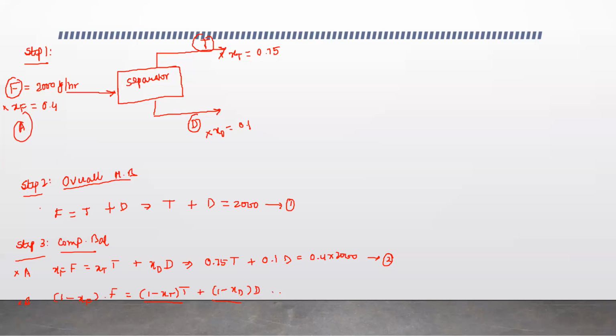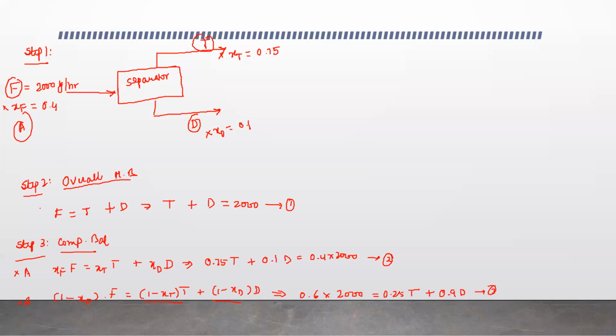What is 1 minus XF? 0.6 into F, that is 2000, is equal to 1 minus XT, that is 0.25, T plus 1 minus XD, that is 0.9, D. Equation number 3.